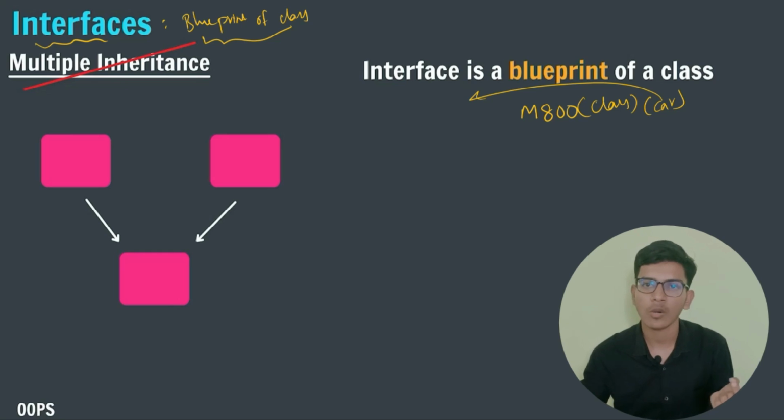A car should have around 4 tires, seats for 4 or more people, a driver seat, and it should move. So these are the functions of a car. The interface, or the abstract, will describe the blueprint of my Maruti 800 car.